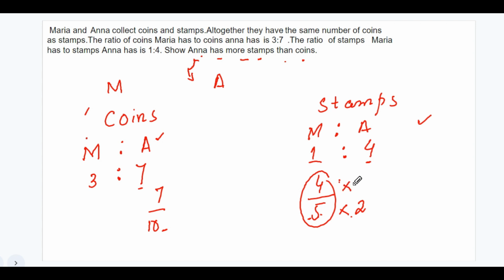The same thing you need to do in the top. So 4 times 2 is 8 and 5 times 2 is 10. Now can you tell me, is 7 by 10 bigger or 8 by 10? The denominators are equal, so you need to compare the top numbers. 8 is bigger than 7. It means Anna has more stamps than coins.